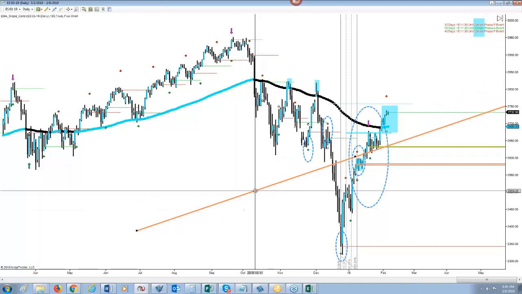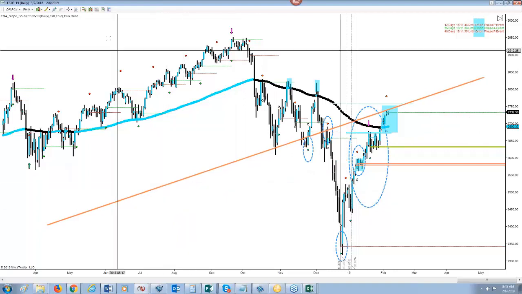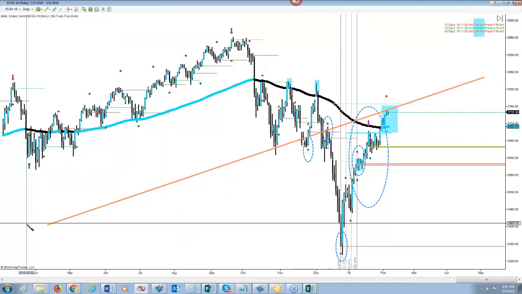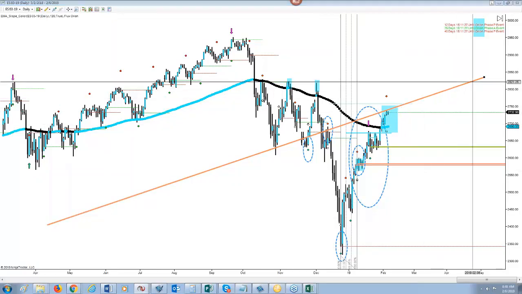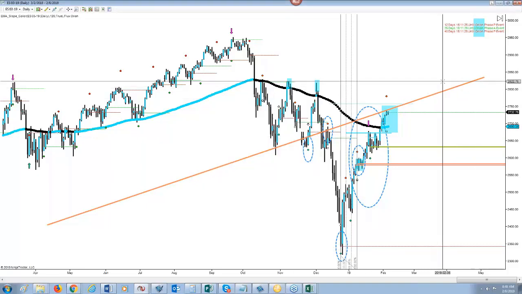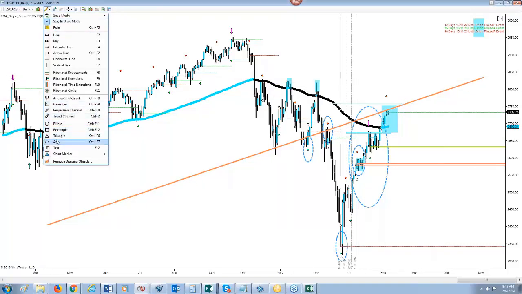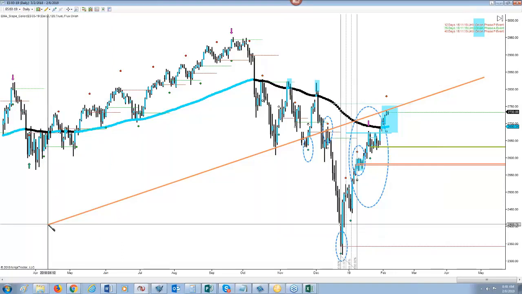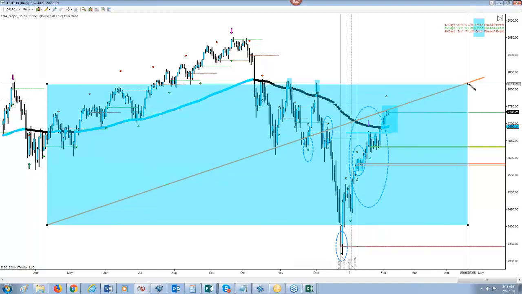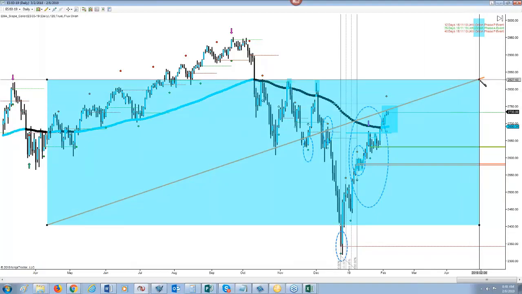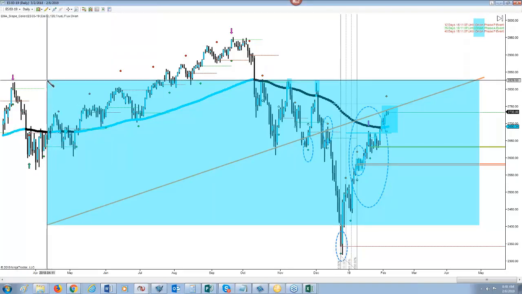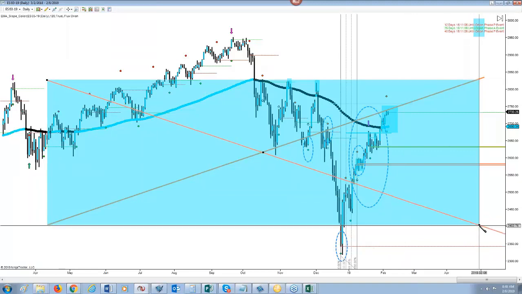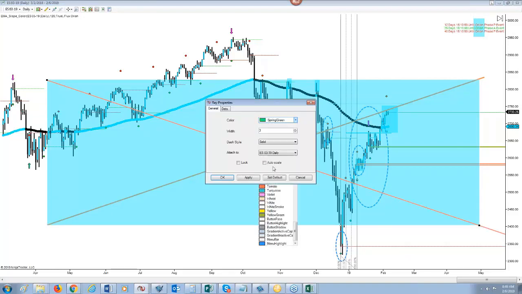All right, so when, Joe, I have a line that I like, I'm going to draw a rectangle. Rectangle starts at the base of the line and goes as far out as I can go. Then I'm going to take another line and draw it in the opposite direction. This is a ray. So I'm going to make the bottom ray green.